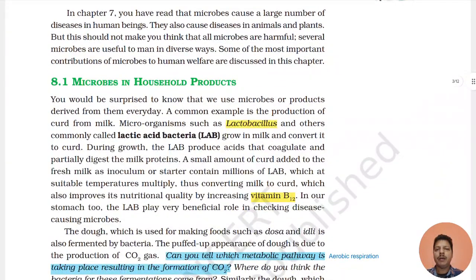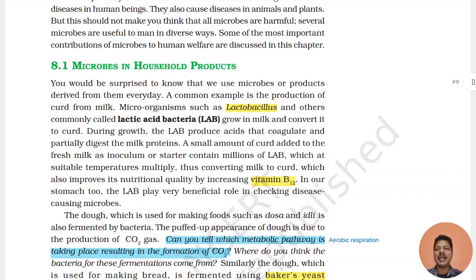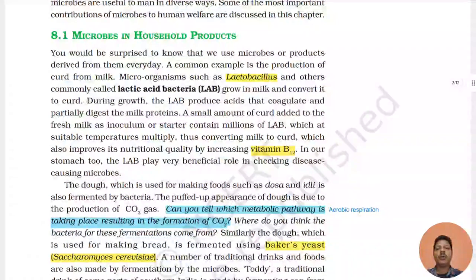Then, microbes in household products. A common example is curd from milk. Microorganisms such as Lactobacillus and others, commonly called lactic acid bacteria, LAB, grow in milk and convert it into curd. During growth, LAB produce acids that coagulate and partially digest milk proteins. A small amount of curd is added to the fresh milk as inoculum or starter, containing millions of LAB which at suitable temperature multiply, thus converting milk to curd, which also improves its nutritional quality by increasing vitamin B12.